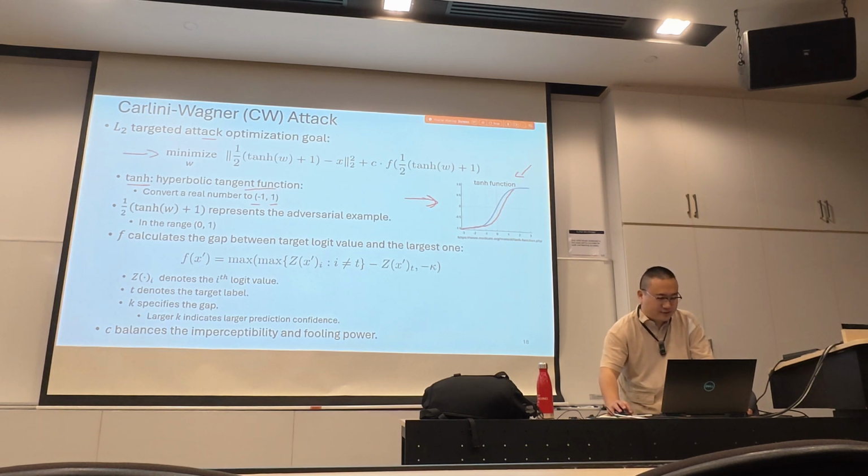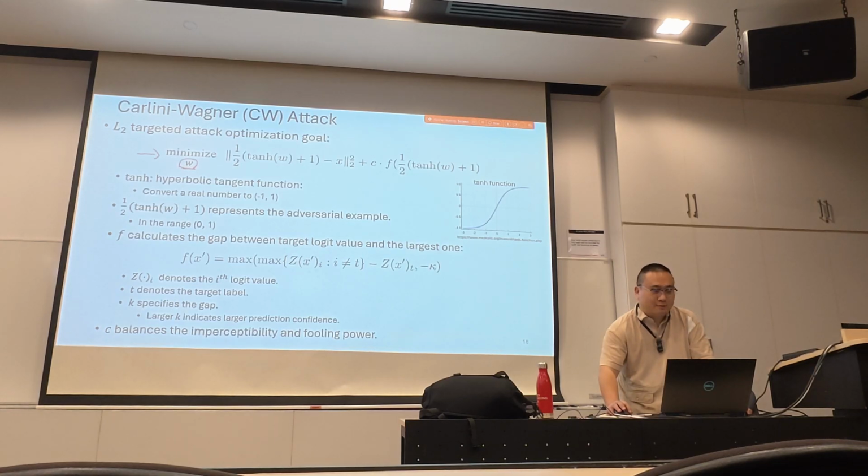Then for the minimization, in this formula we have a W here. This means that we want to modify W. W is a variable that we can modify, and when we modify W, we want to minimize the value of this formula.